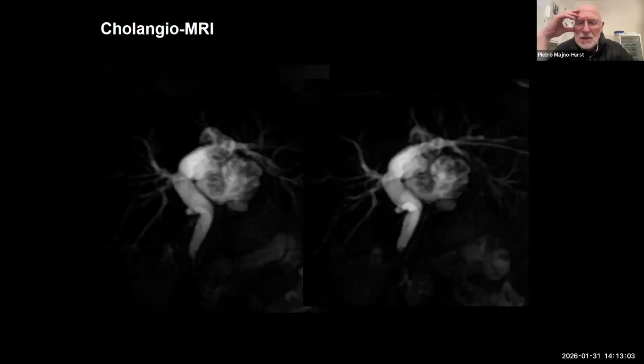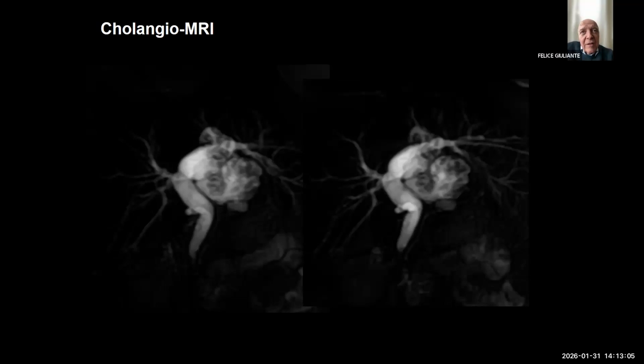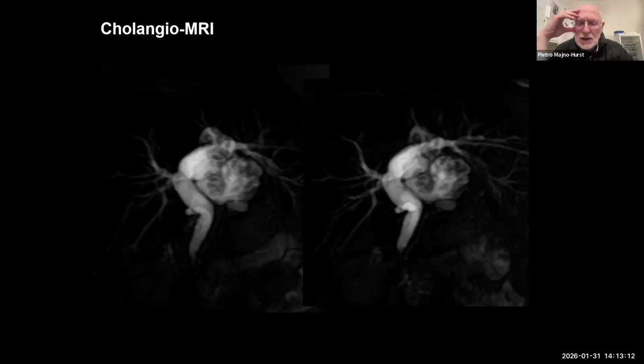I don't think it is. I don't think so, because I think that the dilated common bile duct is a congenital disease. Well, I don't think it's congenital. I think it's mucus that has been there for a long time. Yes, but there is nothing inside. Nothing visible, in the cholangio MRI and in the MRI.